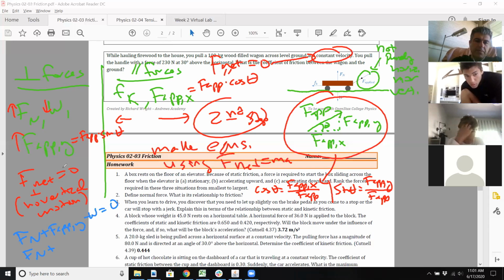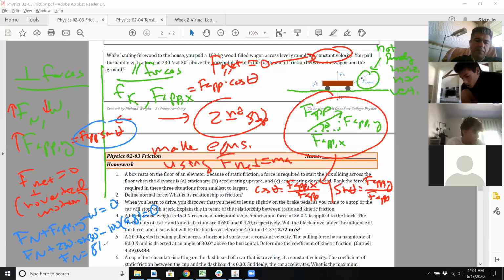Fn plus, remember that's F app sine theta, so that's 230 times the sine of 30 degrees, minus the weight due to gravity, which I know is 100 times 9.8. Because you already have a minus here, that already takes care of the negative for 9.8, because we already know it's going in the downward direction. If you solve for Fn carefully, you should get 865.